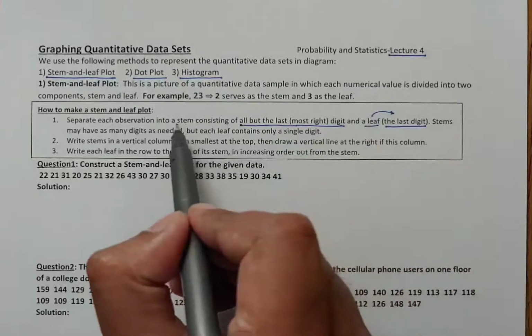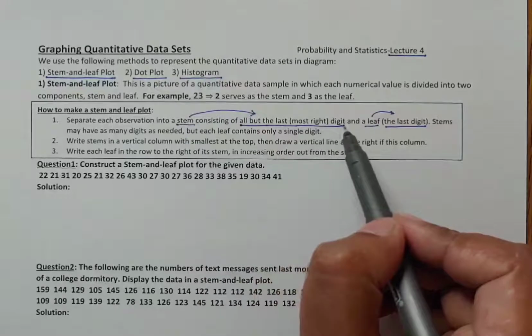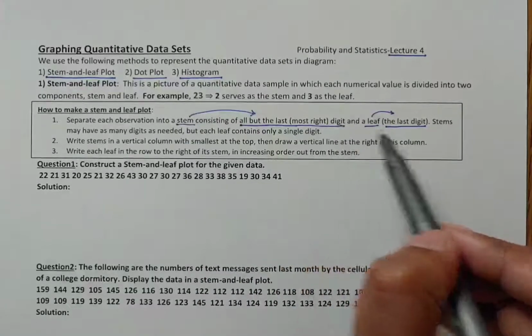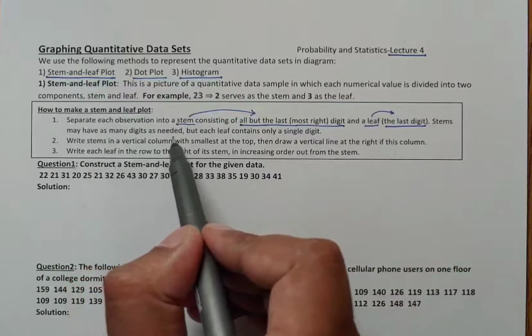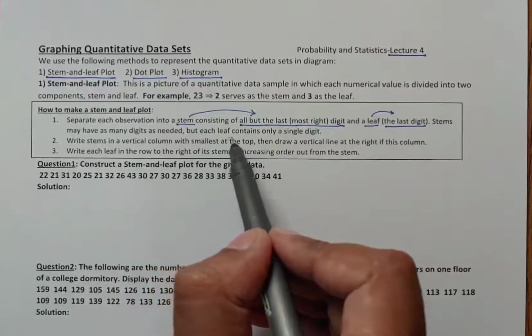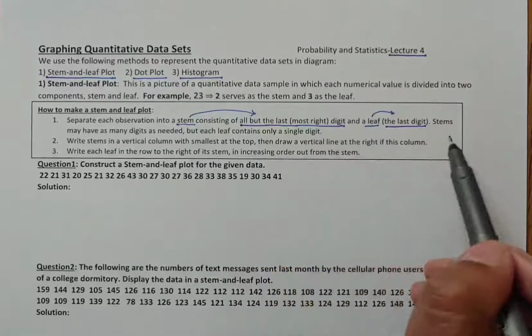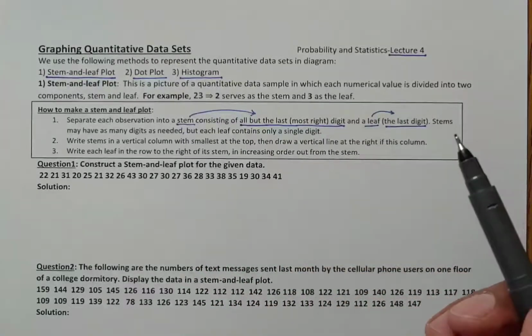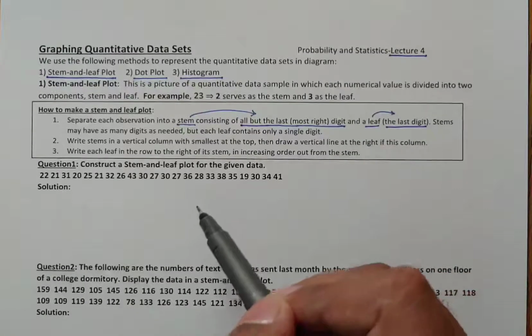A stem may have as many digits as needed, but each leaf contains only a single digit. So the leaf has to be the last digit, and all other digits will be the stem.